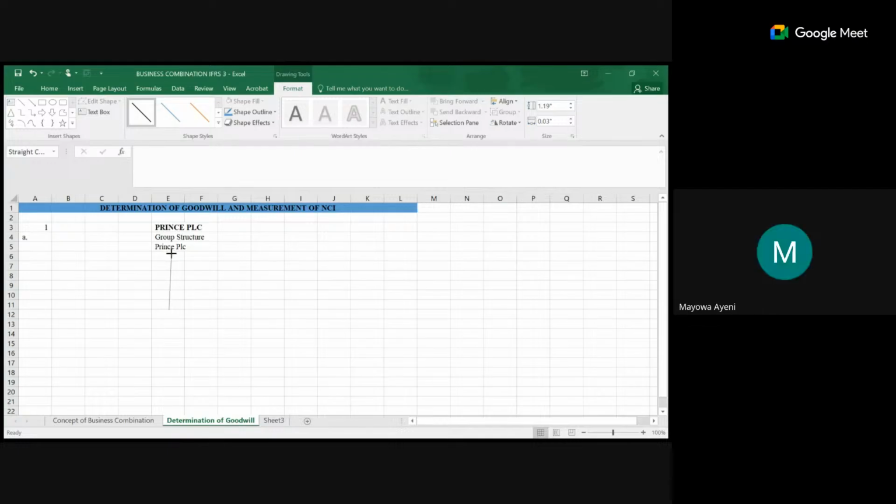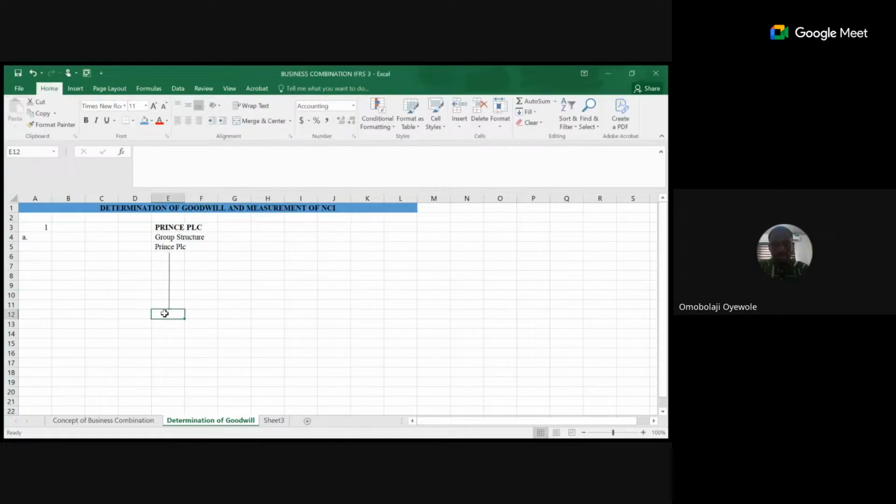Yes. So, Prince PLC acquiring Princess PLC. You now come beside it. How many percent is Prince PLC acquiring? 80%. Then you put the date of acquisition beside. That's at 1st of January 20x7. So that's your group structure.